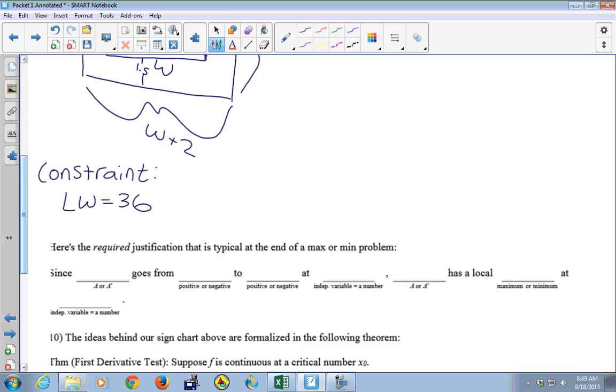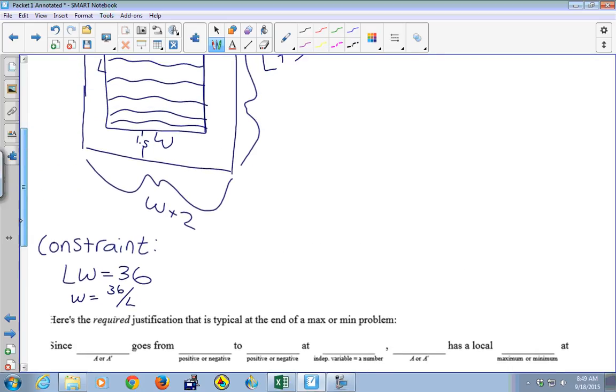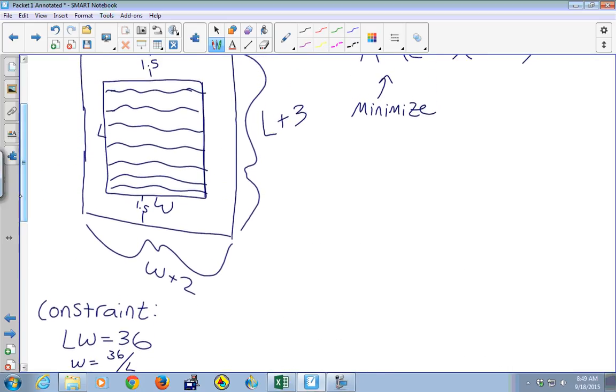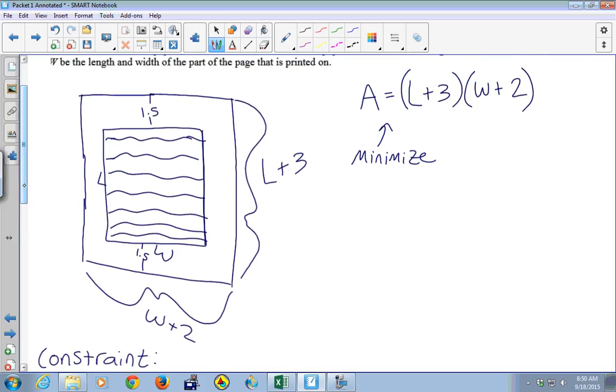So if I took this equation and solved for one of my variables, it doesn't matter which one. Let's say we solve for W, it would be 36 over L. That would allow us to go back up to our function that we're trying to minimize, and replace the W with 36 over L. Okay, so area is L plus 3 times 36 over L plus 2.